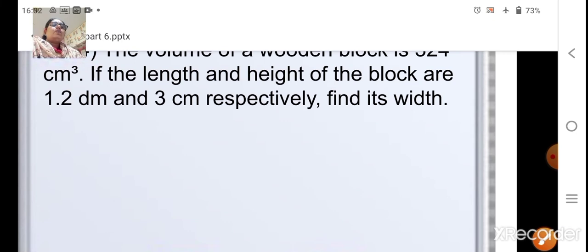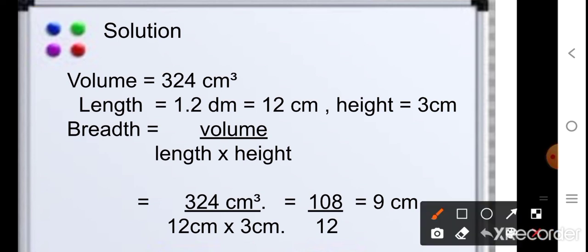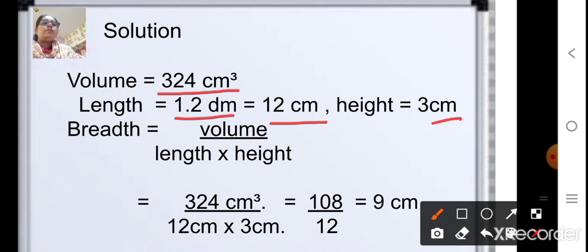Yes. So just see here, the solution is given in this slide. Volume is 324 cubic centimeter. Length is 1.2 dm, that is decimeter. When you convert it into centimeter, that will be 12 centimeter, and height is 3 centimeter. So to find the breadth, volume upon length into height, so that is 324 centimeter cube upon 12 centimeter into 3 centimeter, or also you can write it as centimeter square.